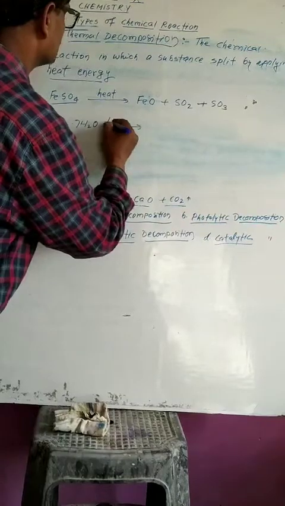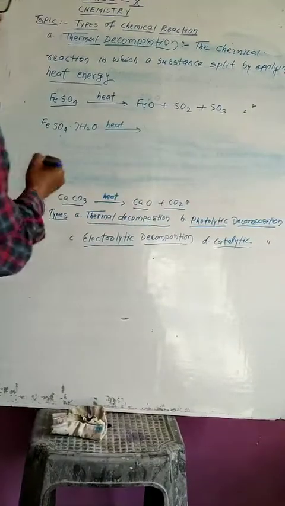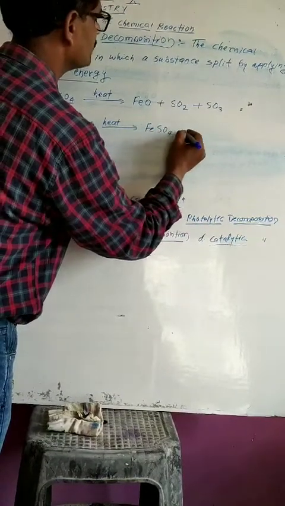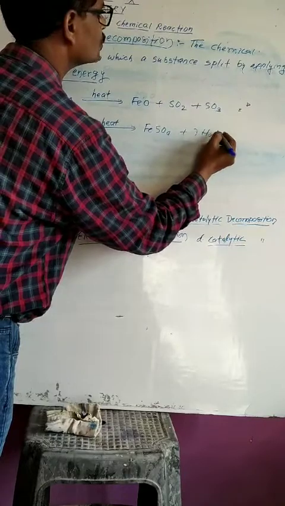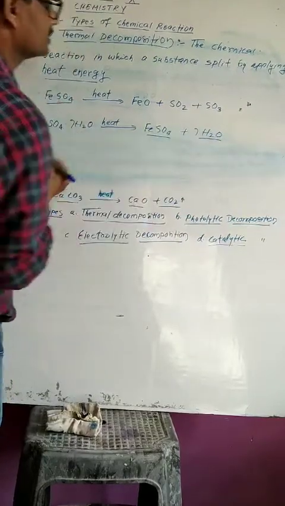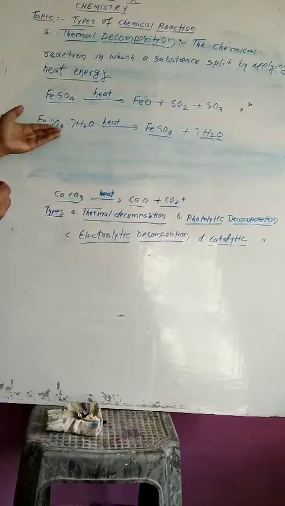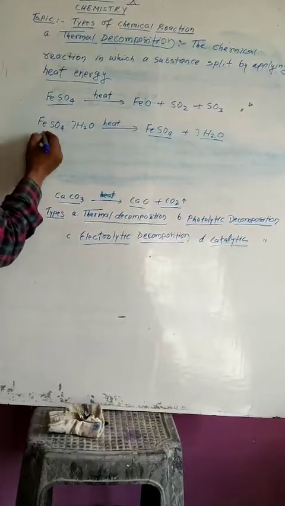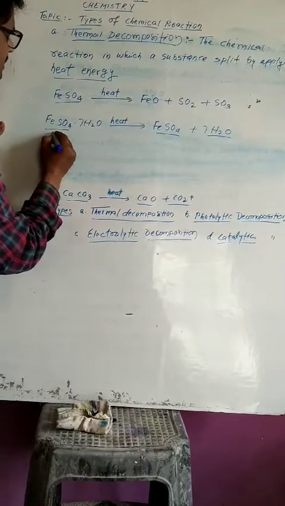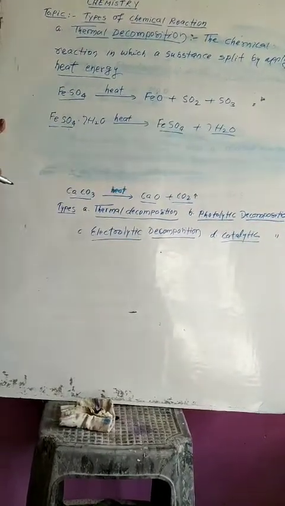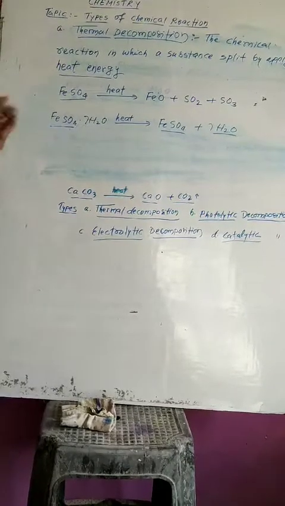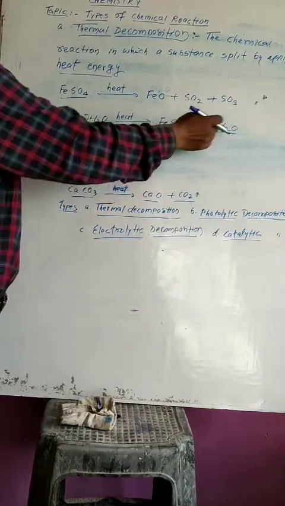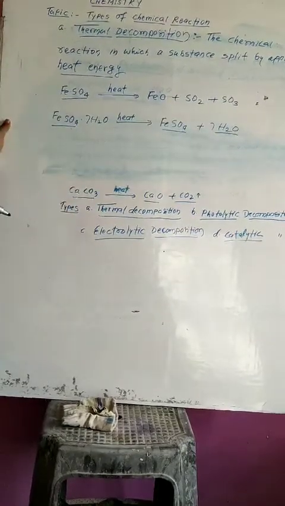Firstly, we see it splits into FeSO4 plus 7H2O. Water molecules that remain attached with iron sulfate get separated on heating. This is why the color of iron sulfate fades off on heating, due to the formation of iron sulfate and removal of the water molecules from it.